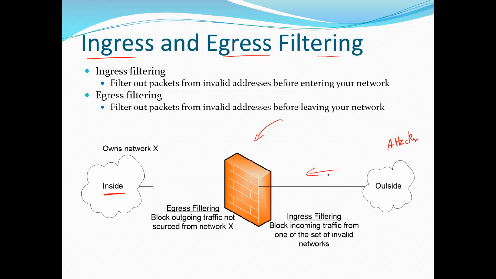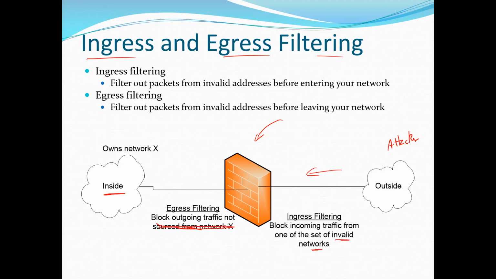Ingress is on this side. It's blocking incoming traffic from a set of invalid networks that you don't want to authorize. Egress filtering blocks outgoing traffic, basically any traffic that you want to block.